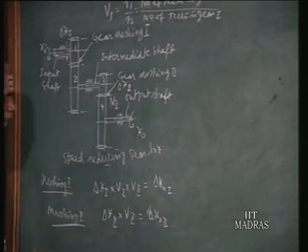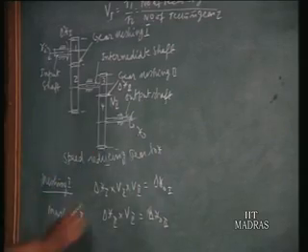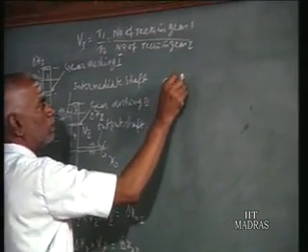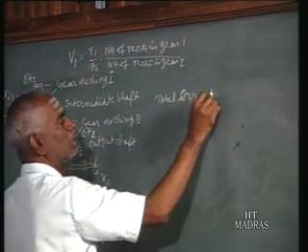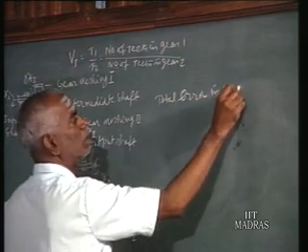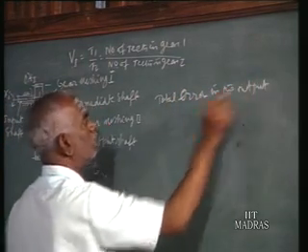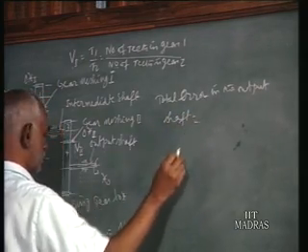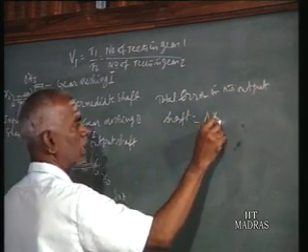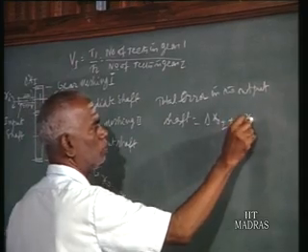So what is the total error in the output shaft? Total error in the output shaft is equal to delta xo1 plus delta xo2.